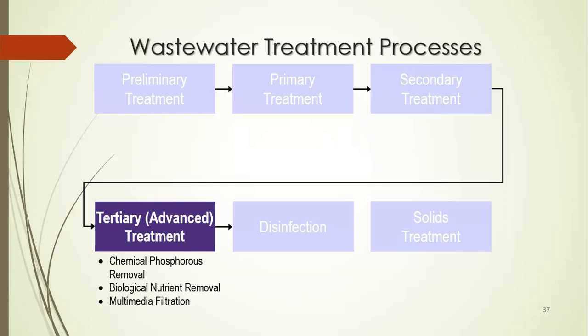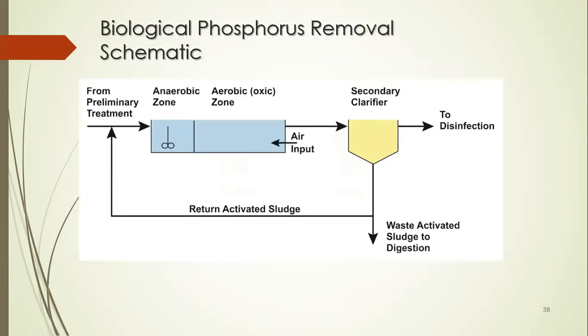So finally, it will go into the tertiary treatment to further remove the nutrients from the wastewater. So the nutrient removal can be achieved through different types of treatment options.